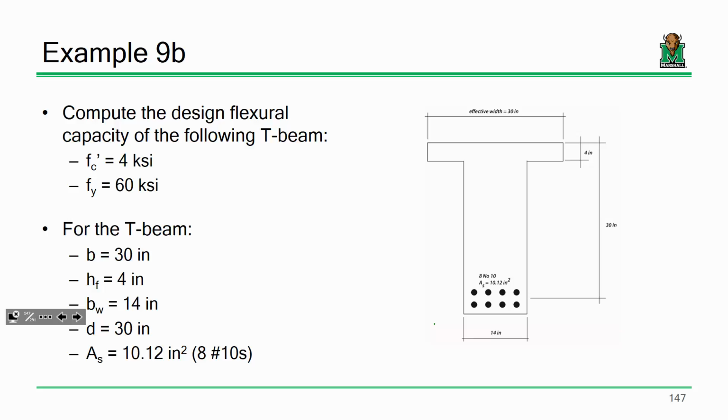So we'll say that the b is 30 inches. It's a 4-inch flange thickness. It's a 14-inch wide web. The depth is 30 inches, and we have 8 number 10s. So instead of making you look up the area, I'll just give it to you. We'll say it's 10.12 square inches. Okay? Sound good?